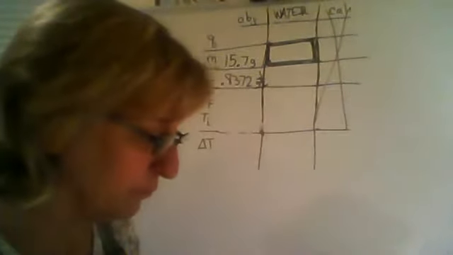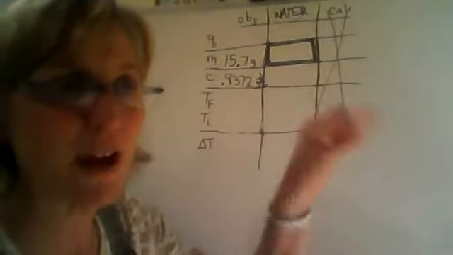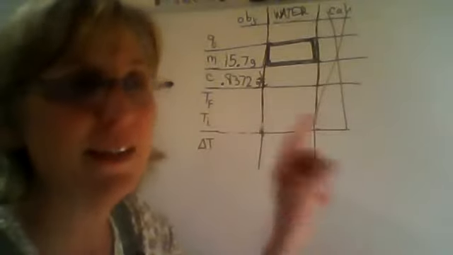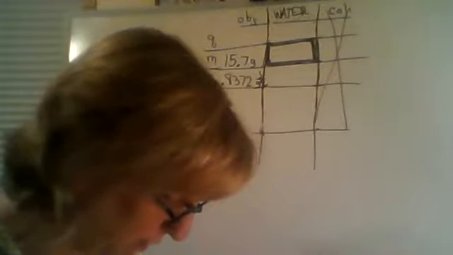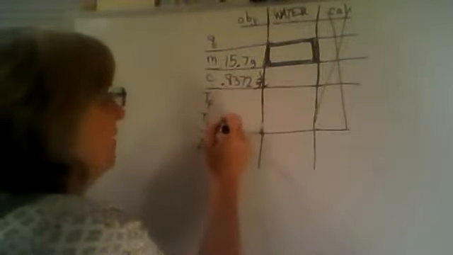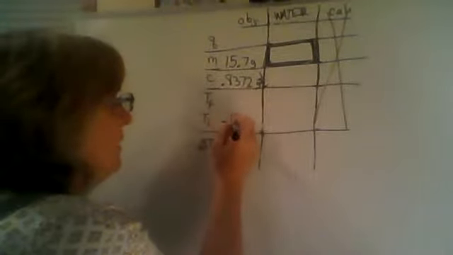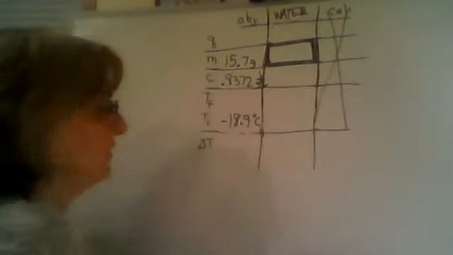So I decided to put my glass ball in my freezer. My refrigerator and freezer actually do have a thermometer on it, and it told me its temperature, which I had to convert. And I came up with, it's my freezer, my object is going to start out at negative 18.9 degrees Celsius.